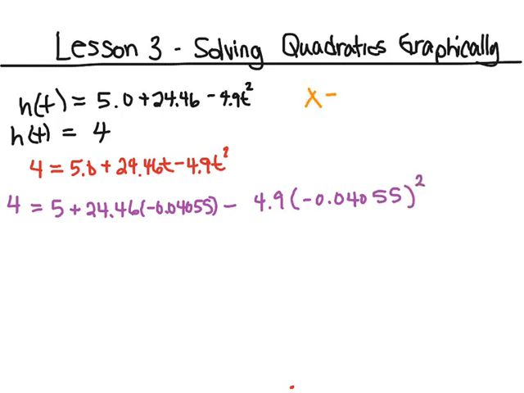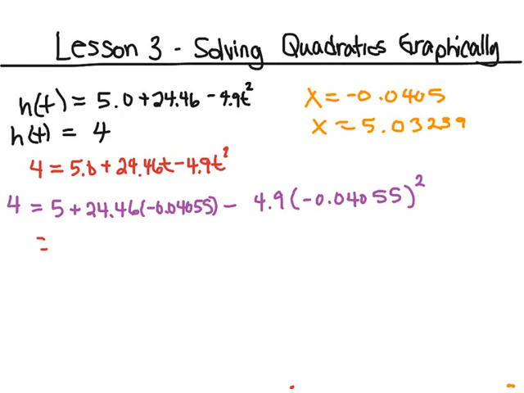So remember, our x's are negative 0.04055, and the other one was 5.03239. Now we could graph this on our own, but because they're such small decimals, we wouldn't have ours as exact as this is.